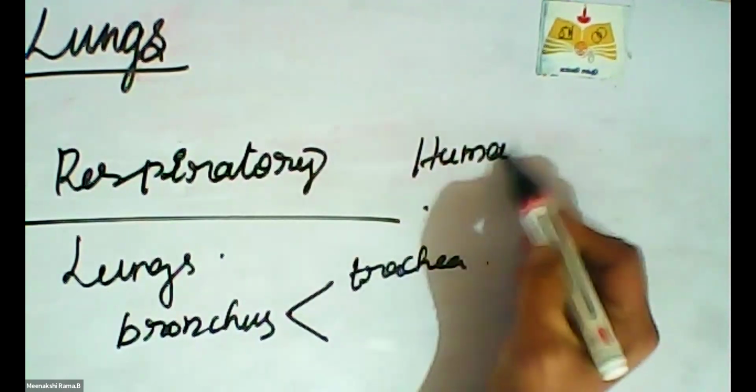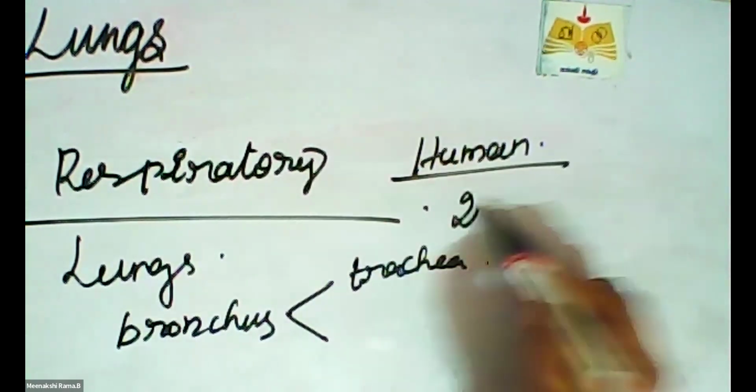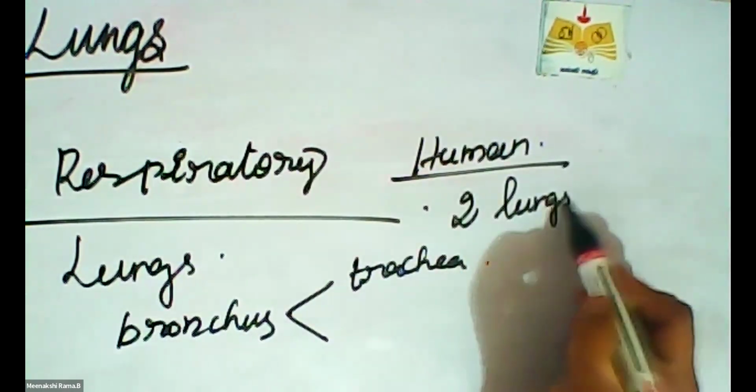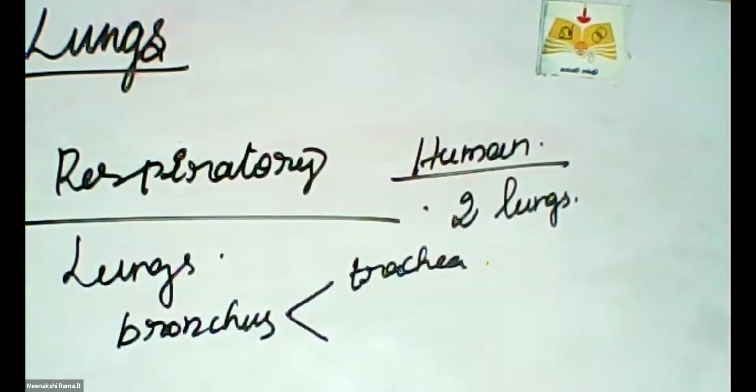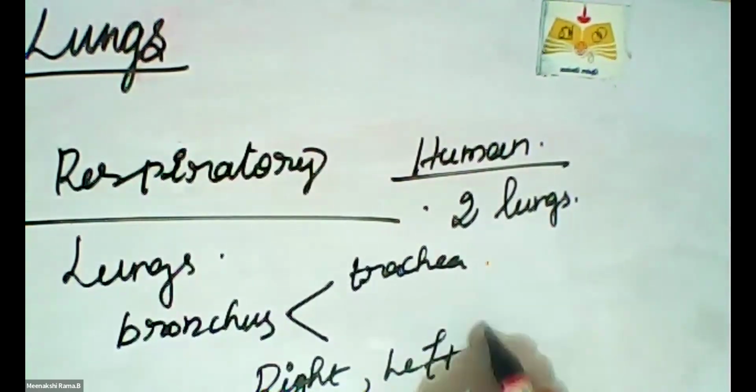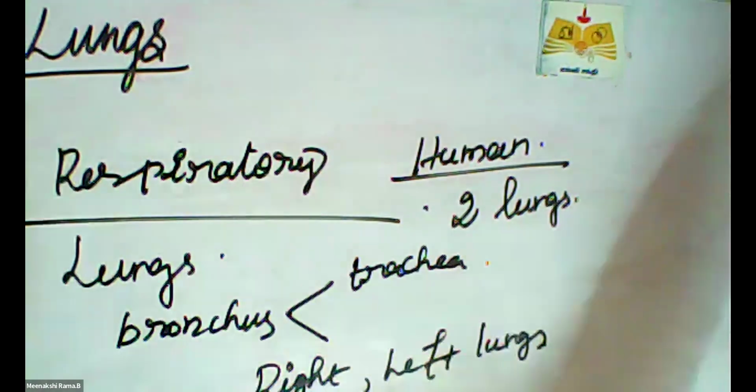Humans have two lungs in our chest, the right lung and the left lung. They are found near the backbone.